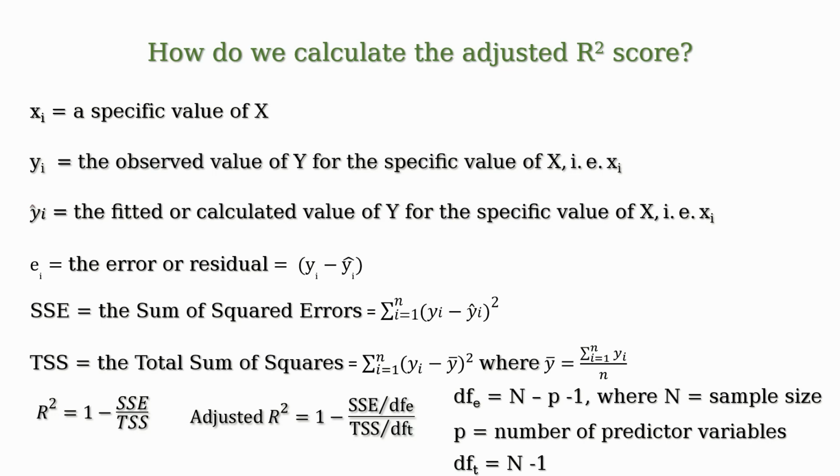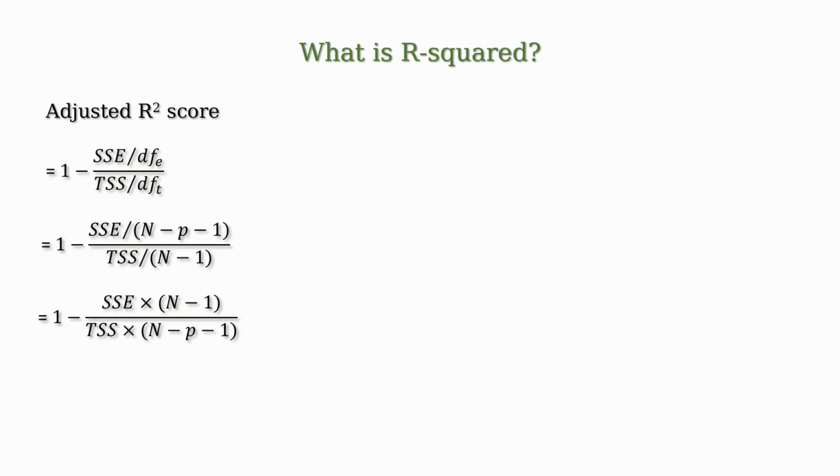So, after some calculation, adjusted R-square score becomes 1 minus SSE into (n minus 1) divided by TSS into (n minus p minus 1). Now, R square is equal to 1 minus SSE by TSS.